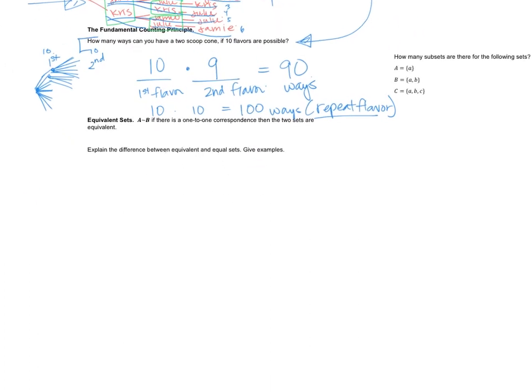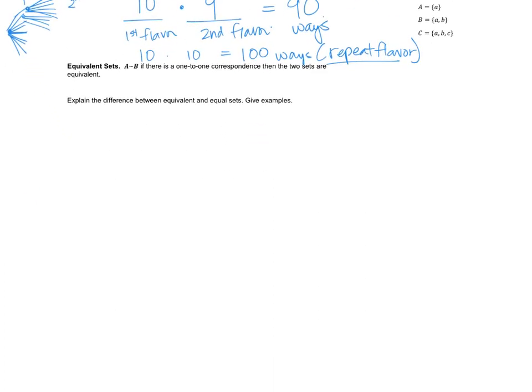Now, when I'm talking about equivalent sets, that's when there is, going back, that one-to-one correspondence. So the set 1, 2, 3 was equivalent to the set with Jamie, Julie, and Chris in it, because I can connect them one-to-one. And that's the symbol that we use for equivalent sets.